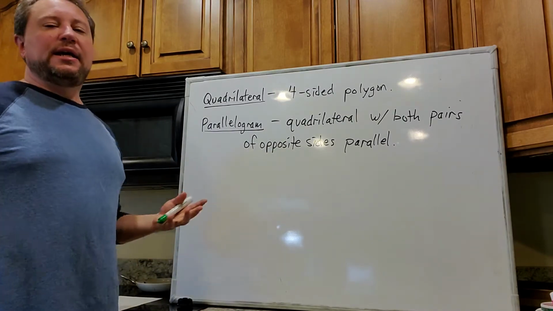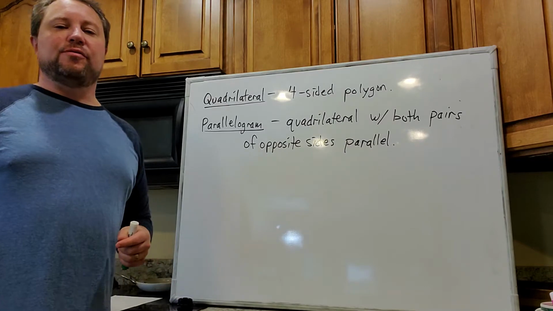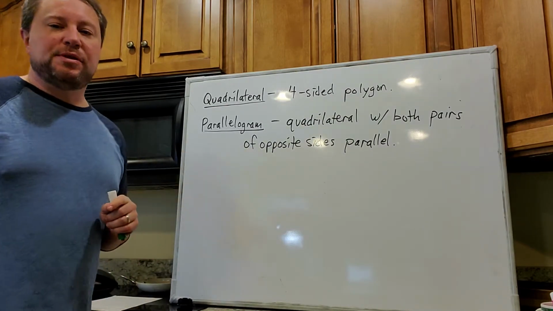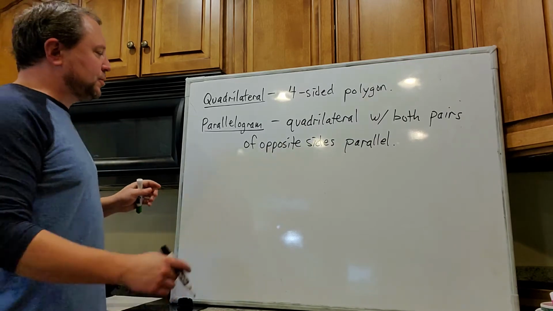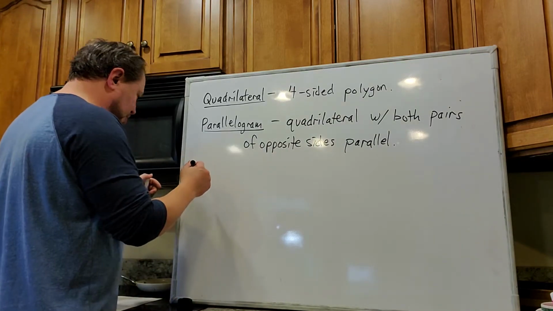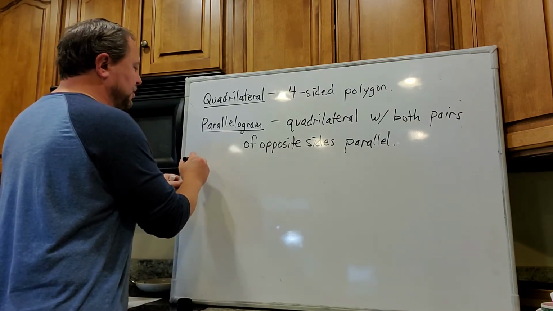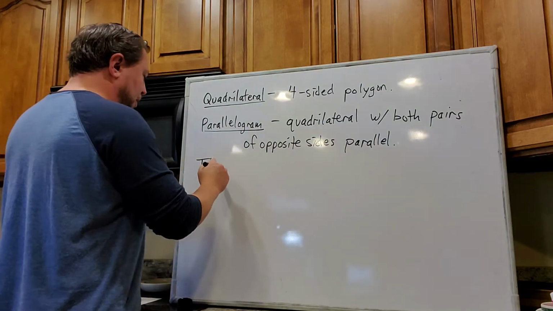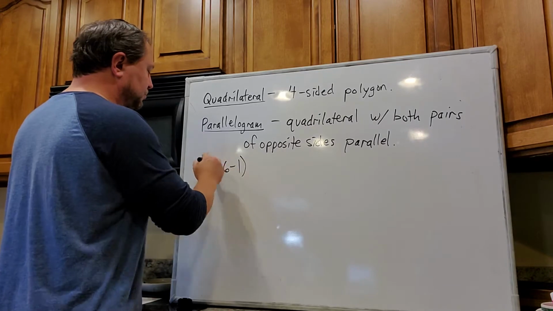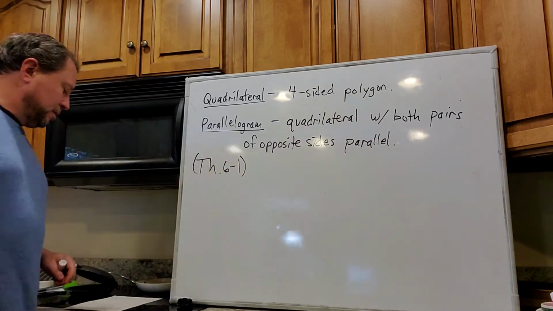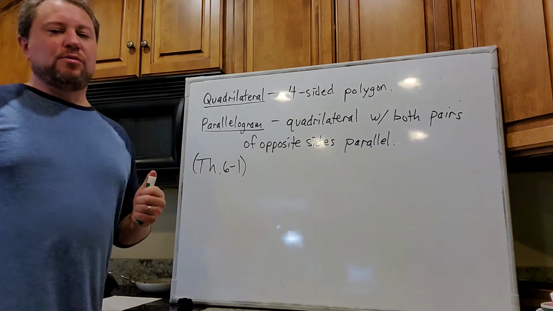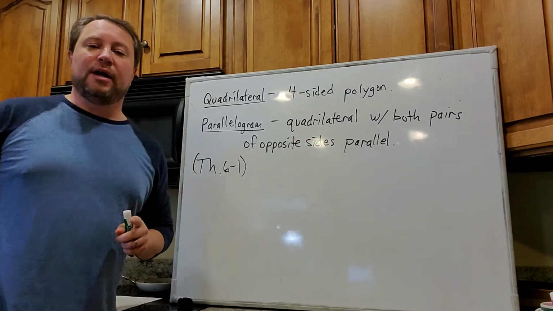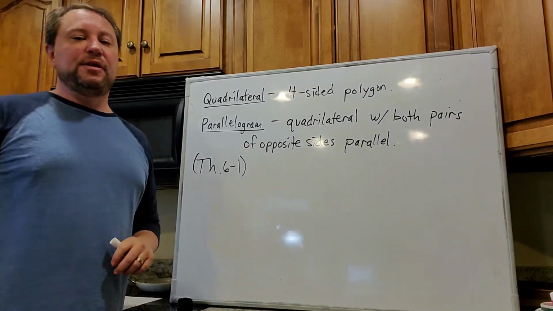All right, so that gets us into some of our theorems for this section. And all our theorems in this section are going to be specifically about parallelograms. The first one on your list of postulates and theorems should be Theorem 6.1. Now, Theorem 6.1 is often confused for the definition of a parallelogram, but it's not the definition.